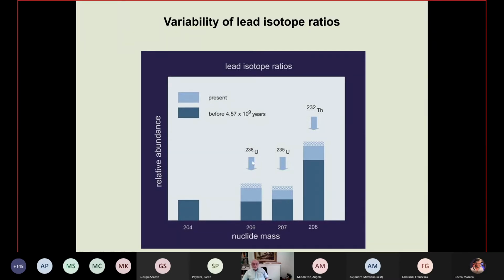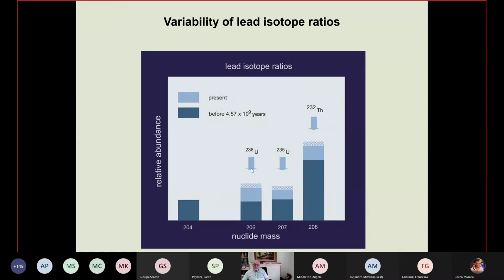But due to the radioactive decay of uranium and thorium, which are also on Earth, but they are radioactive elements, they do not form stable isotopes, but the half-life of these radioactive isotopes is very, very long. It's in the region of billion years.